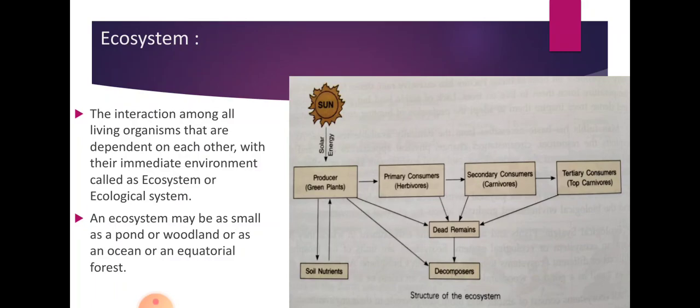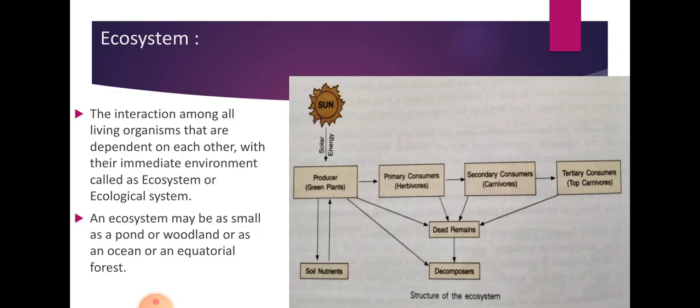That is eaten by the primary consumer, that is herbivores, and herbivores are eaten by secondary consumers such as carnivores, and these secondary or tertiary consumers are eaten by the top carnivorous animals such as lion, snakes, eagle and all.